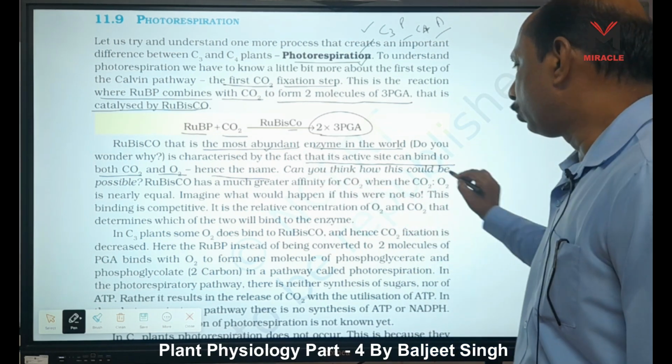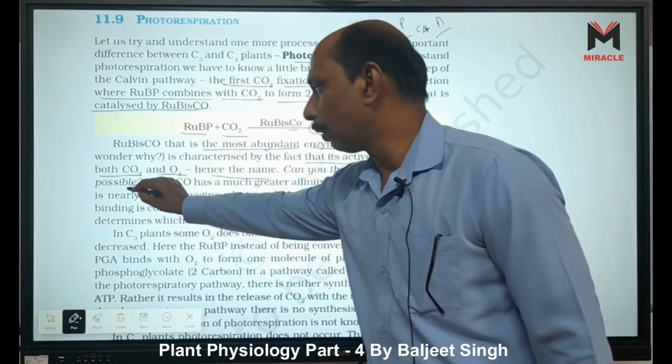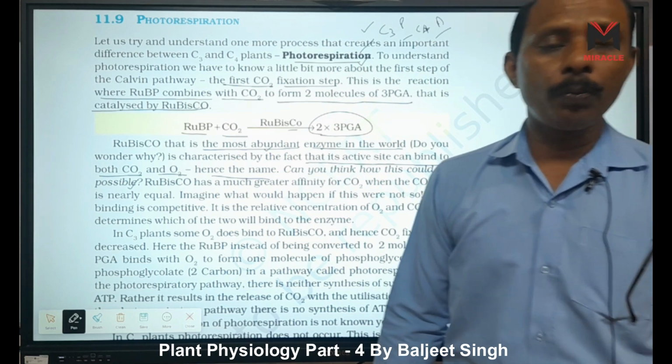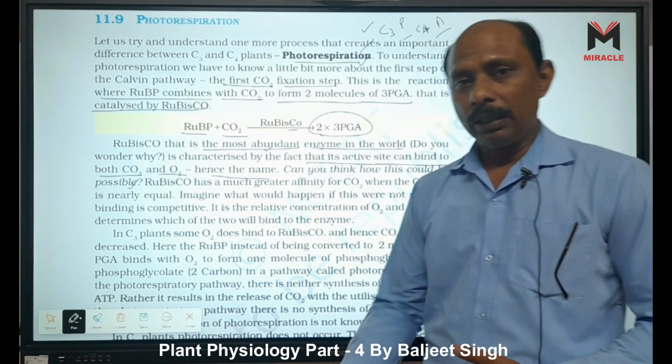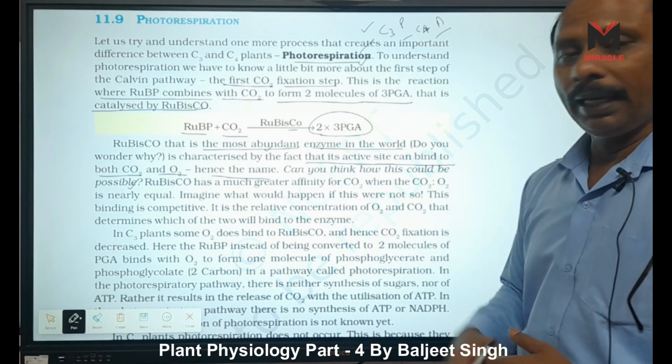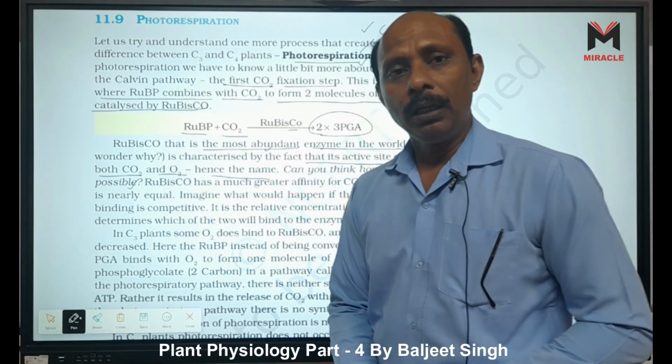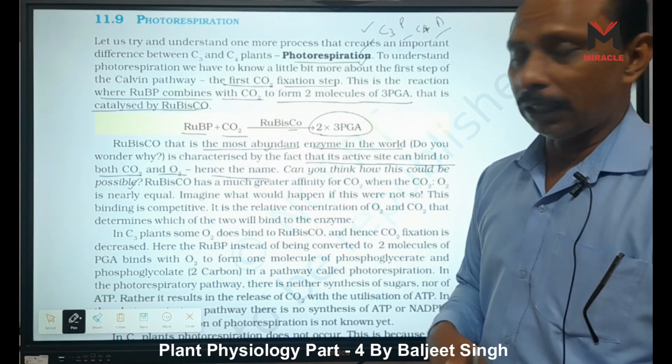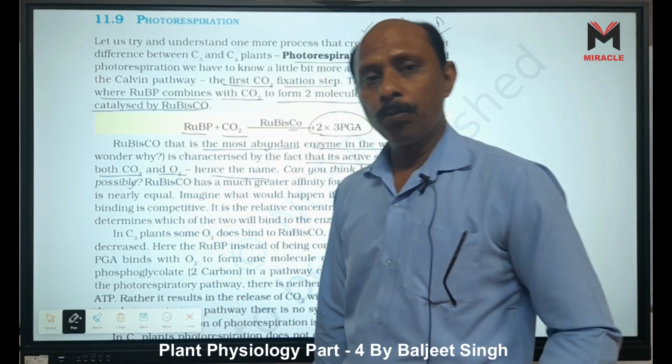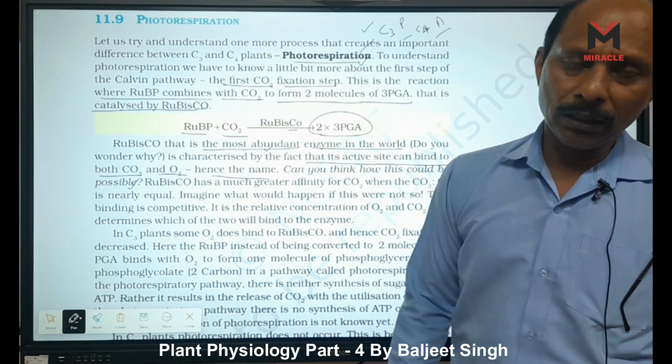Can you think how this could be possible? It is possible because the active site of Rubisco can bind with both. If CO2 concentration is more, more carbon dioxide binds with Rubisco.